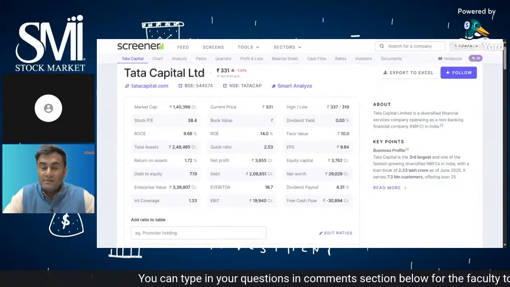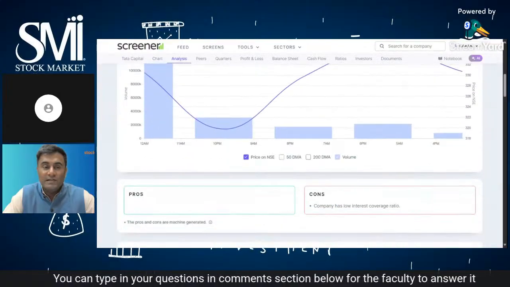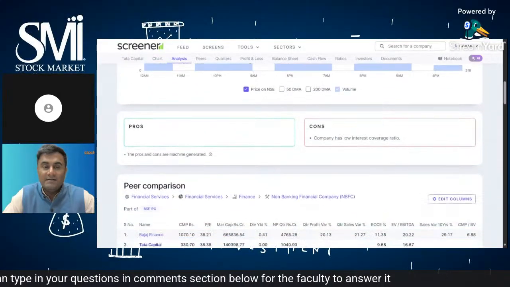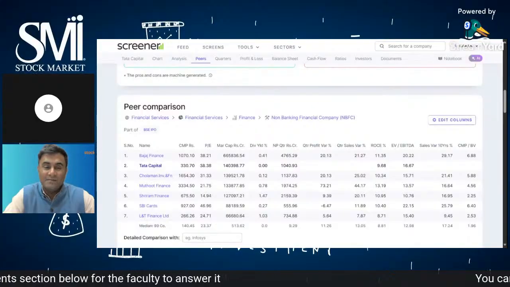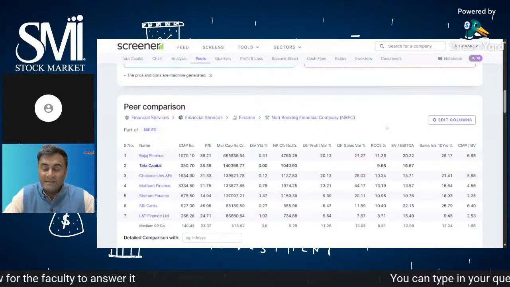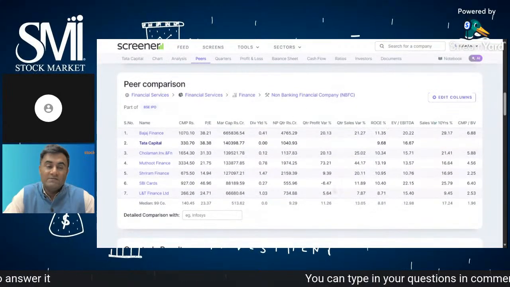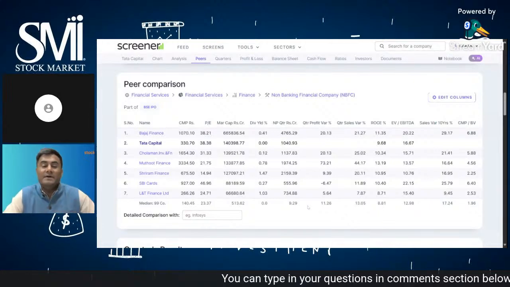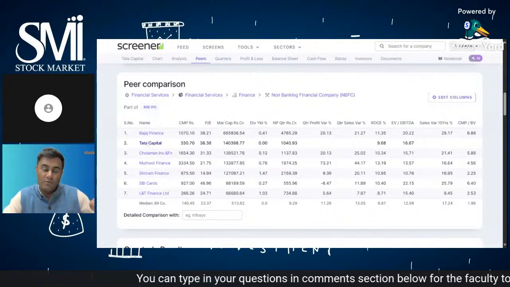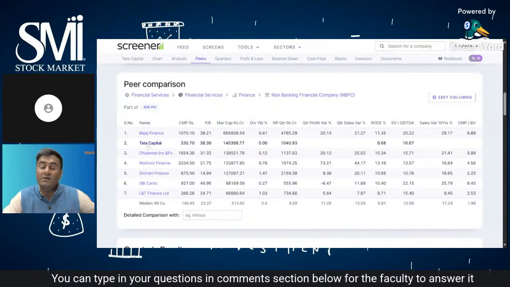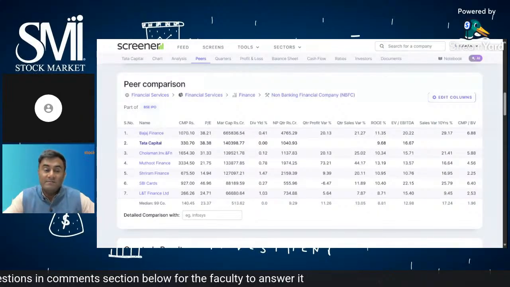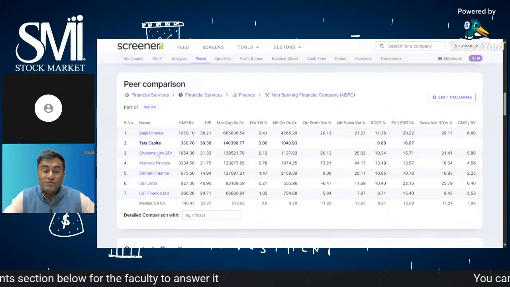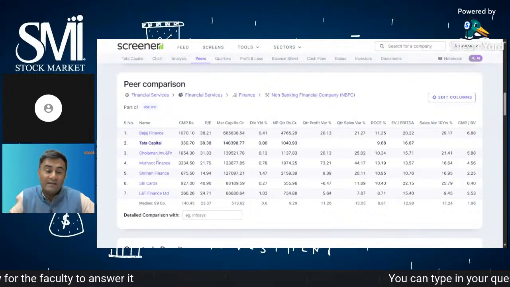So I am just scrolling down and looking at the peer section, peer comparison. This is where we can compare the performance with other companies of the same group. Tata Capital is also an NBFC. So is Bajaj Finance. So is Cholamandalam, Muthoot, Shriram Finance.